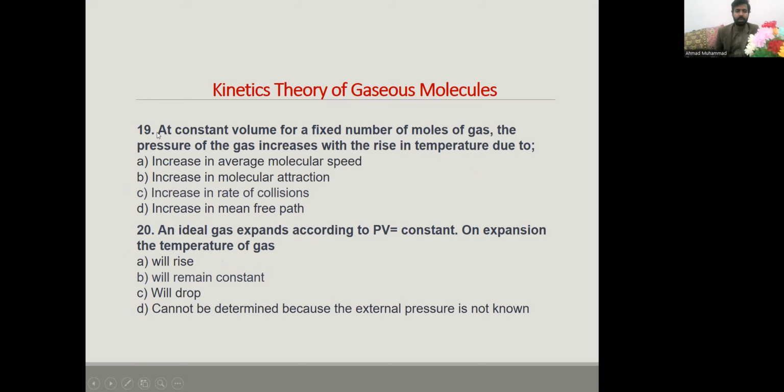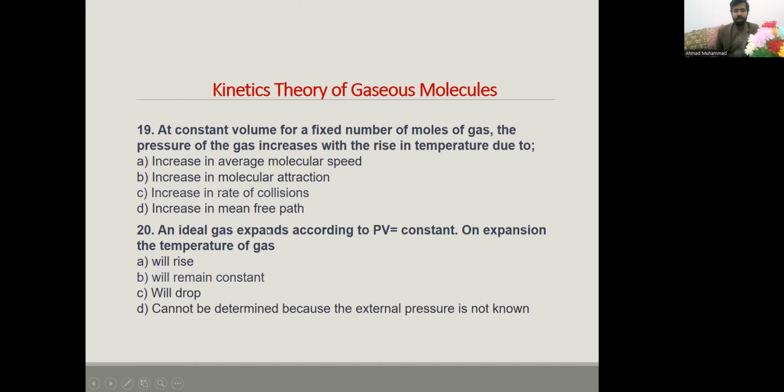For question number 19, at constant volume for a fixed number of moles of a gas, the pressure of a gas increases with rise in temperature due to increase in average molecular speed, increase in average molecular attraction, increase in rate of collision, increase in mean free path. So the right option is C, increase in rate of collision.